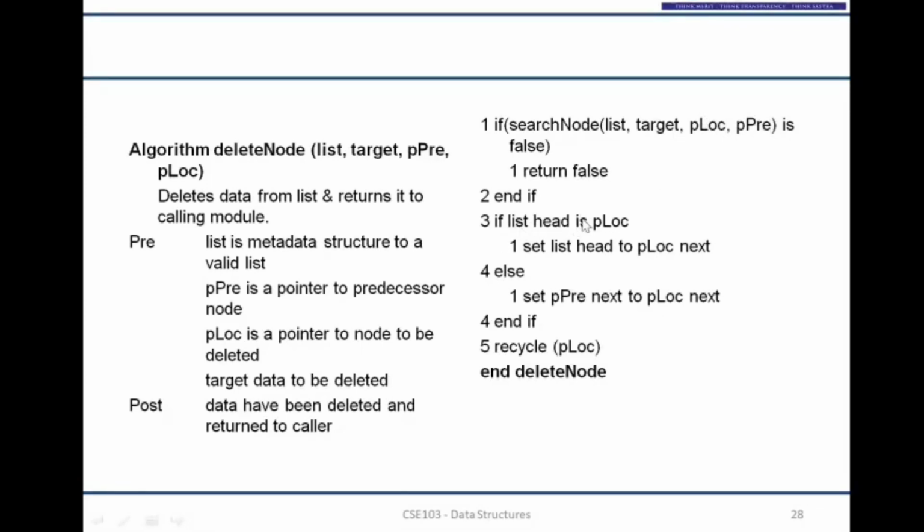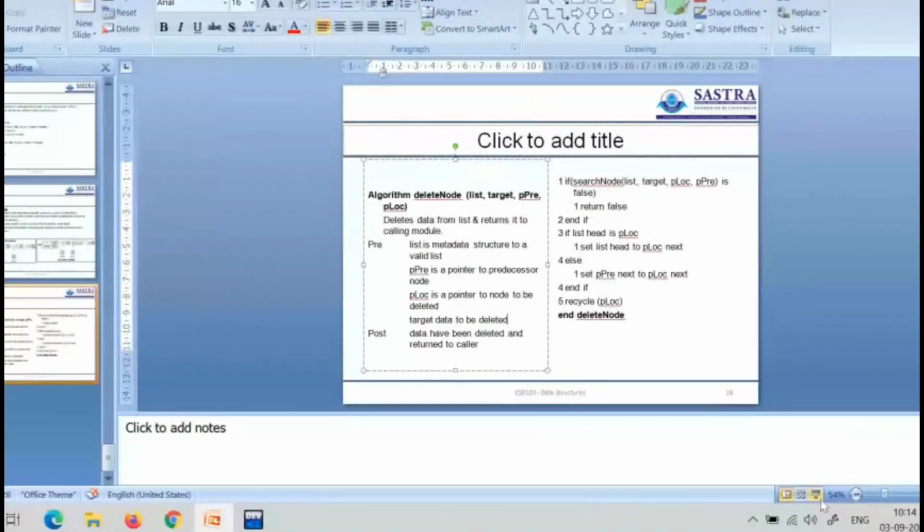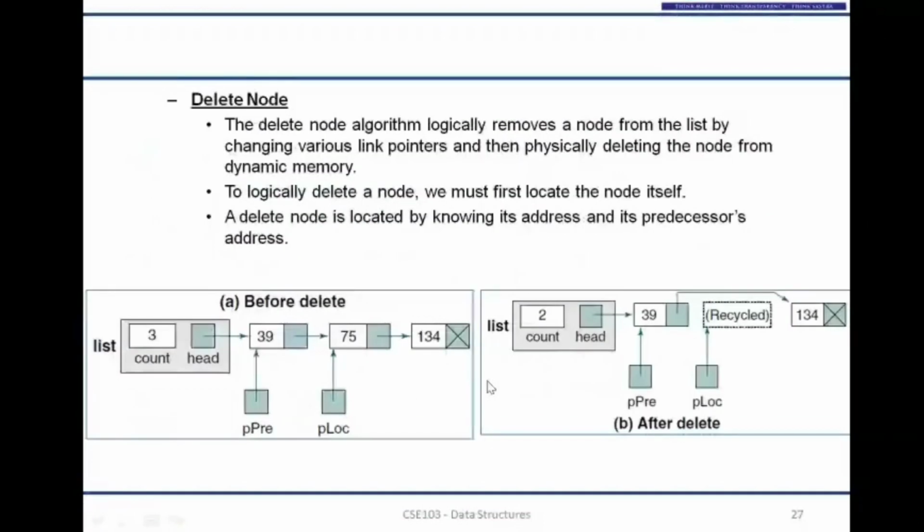Now, if list head is P location, the P location contains the address of the element to be deleted. See here, there are 2 cases in the delete: deleting the first node and deleting the rest of the nodes. If the head contains the element to be deleted, if 39 is the element to be deleted, then the P location will point to 39, and the head also will point to 39.